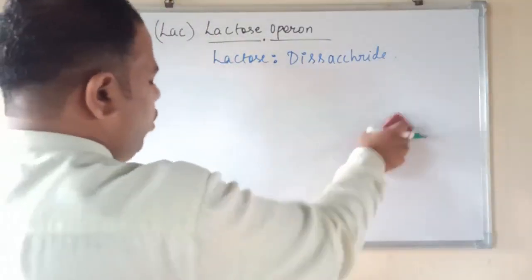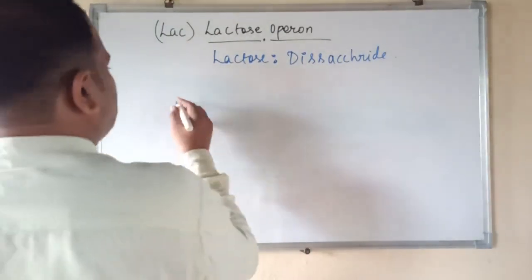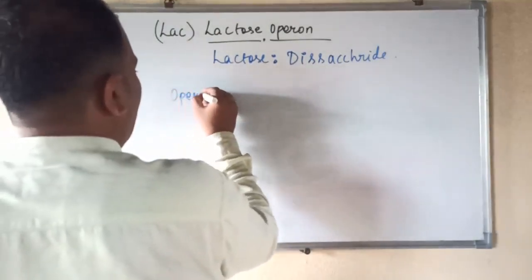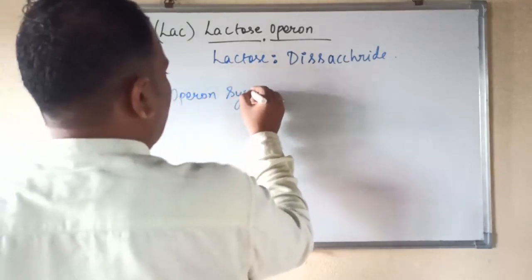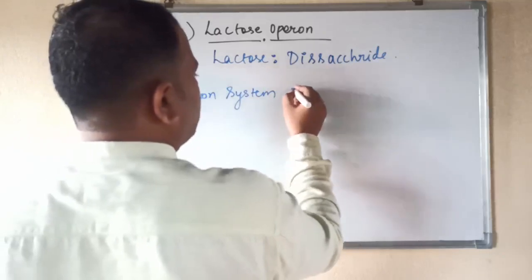So remember, an operon always has two elements. The operon system has two elements.